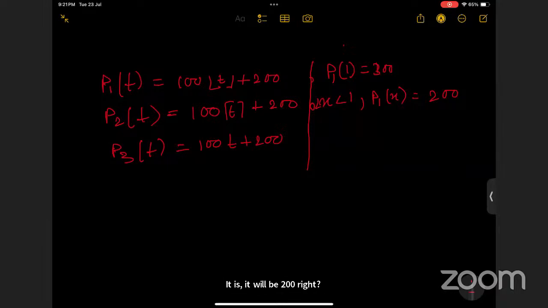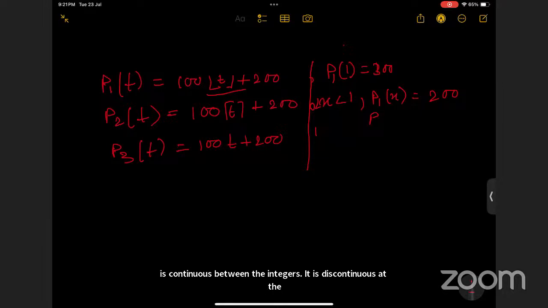Can I say something? It involves a floor function, right? Yeah, this is a floor function. A floor function will always have a discontinuity at integers. It is continuous between the integers. It is discontinuous at the integers. Since the question is at P1, whatever the value going to 1, it will be discontinuous, right?